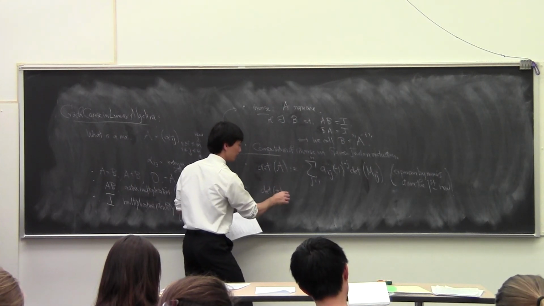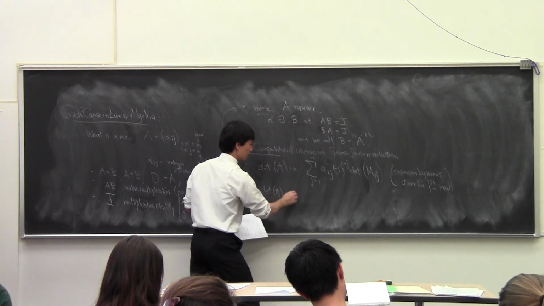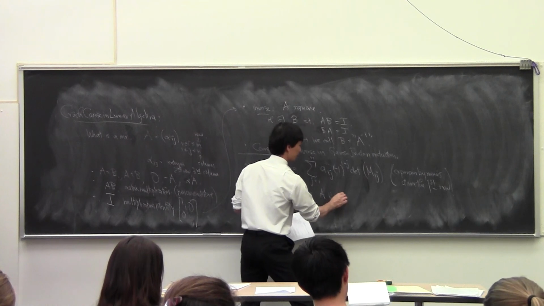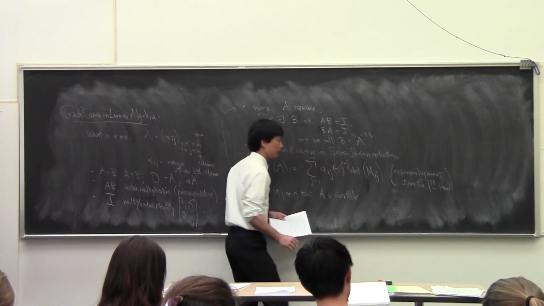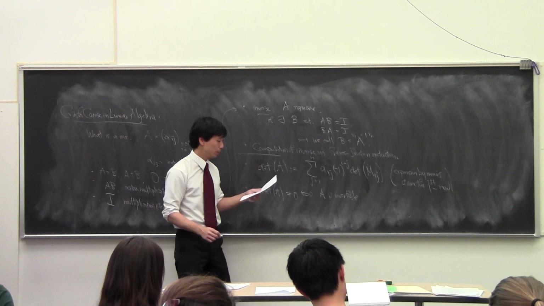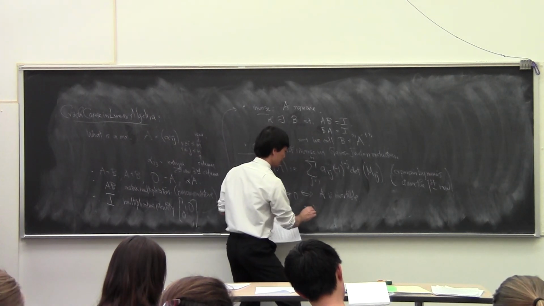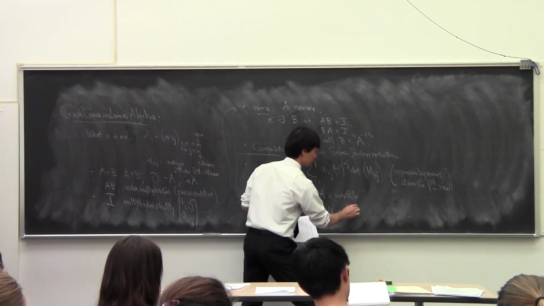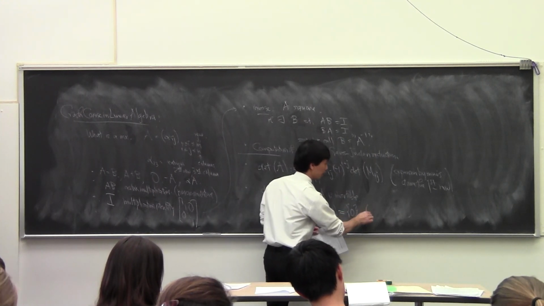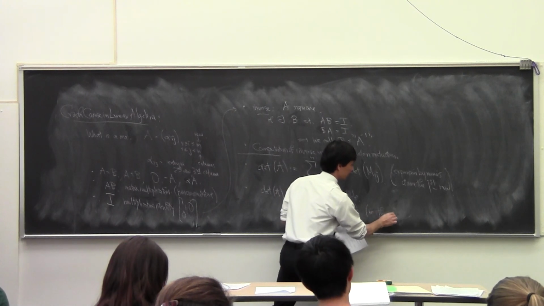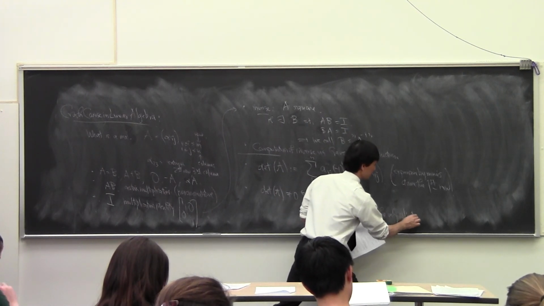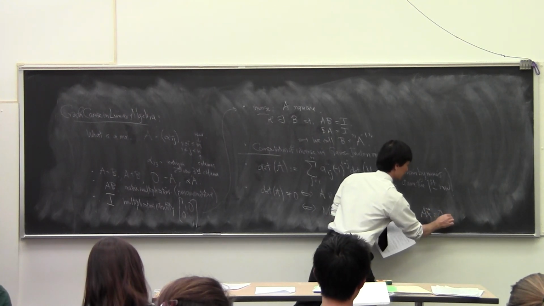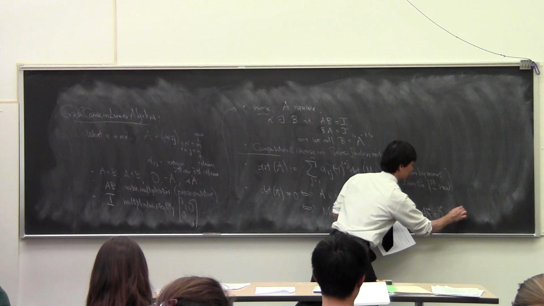There are theorems about the determinant: it is non-zero if and only if A is invertible, if and only if the null space of A is the trivial null space, that is to say, the only solution to Ax equals 0 is x equals 0.